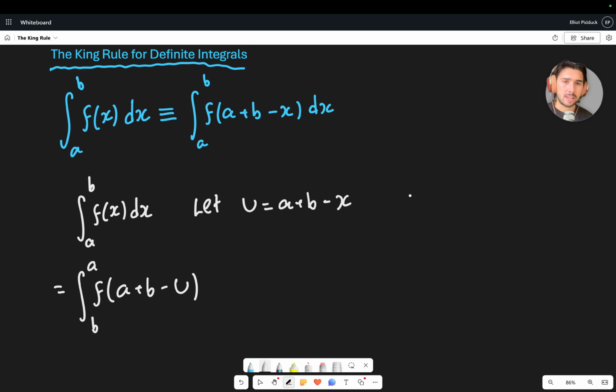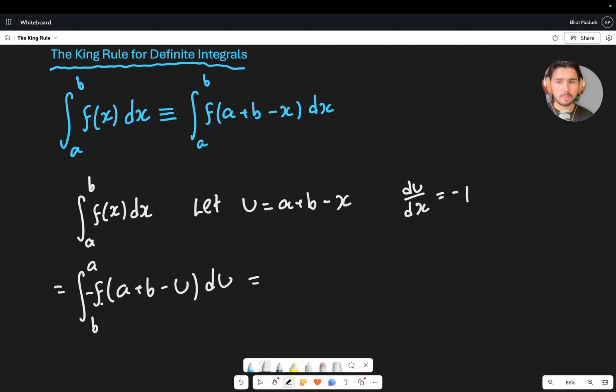And we can see here that du/dx is the number -1, which means du is minus dx. So I can replace the dx with a du, but I've got to put a minus sign somewhere. So I'll put the minus sign there for now. Now, there's also a rule of integration that says that you can swap your limits of integration around if you multiply the integral itself by -1.